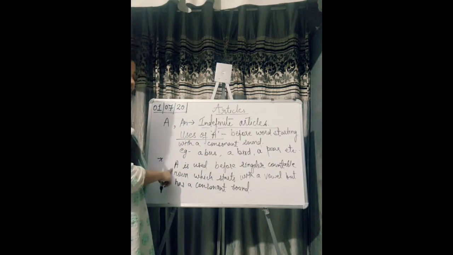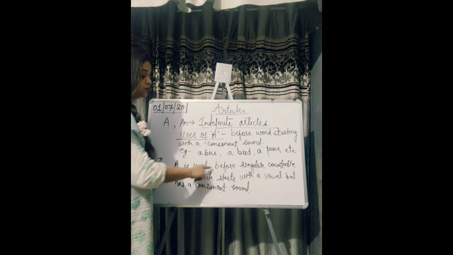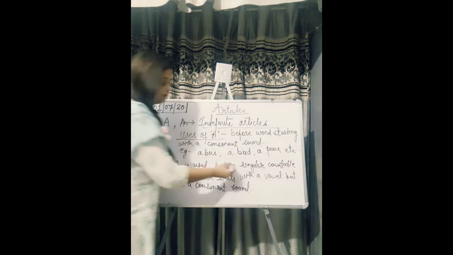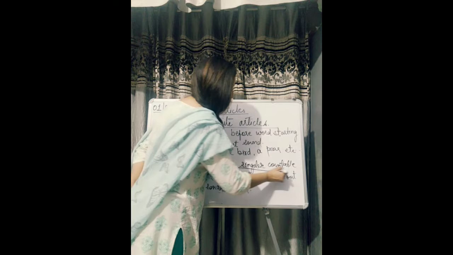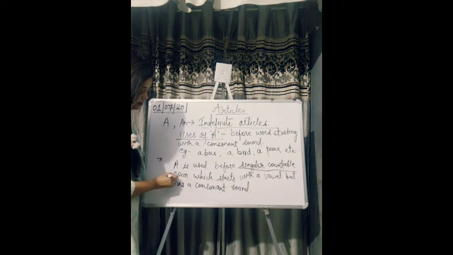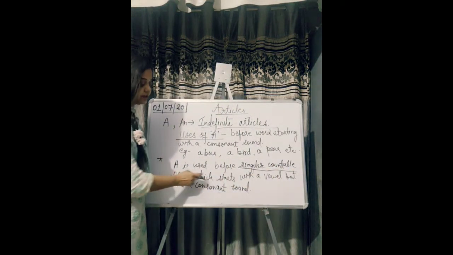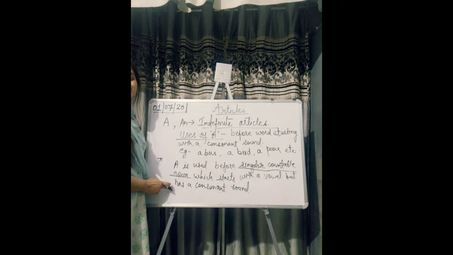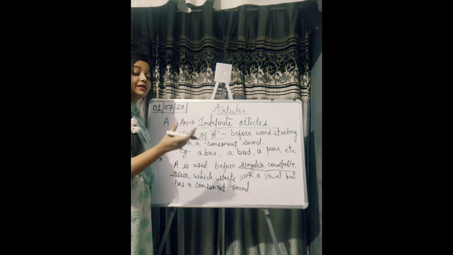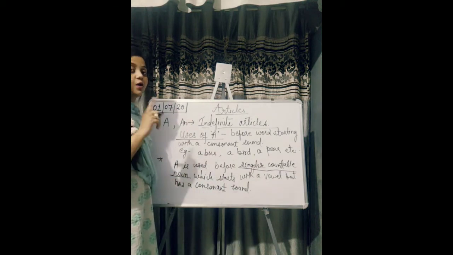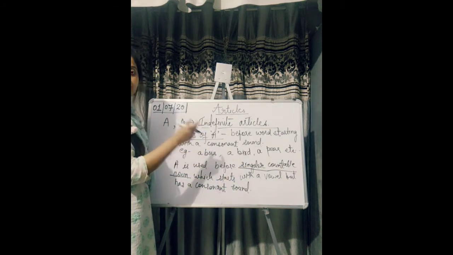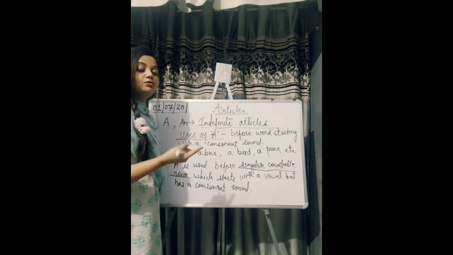Second very important point: a is used before a singular countable noun, which starts with a vowel but has a consonant sound. That's why I'm telling you, sound and not the spelling. It will start with a vowel letter but it will sound like a consonant.